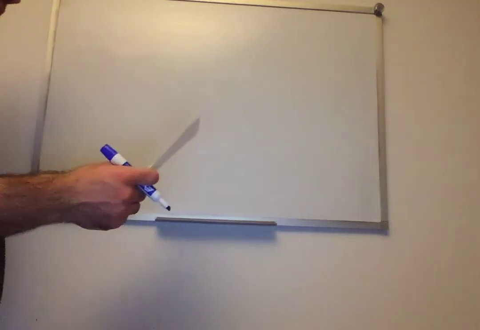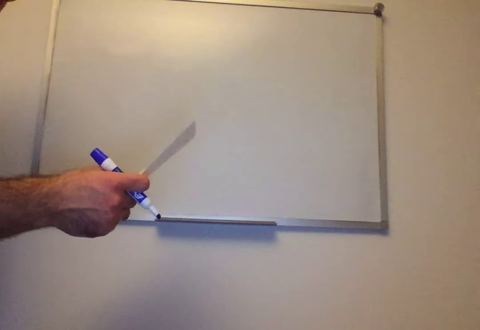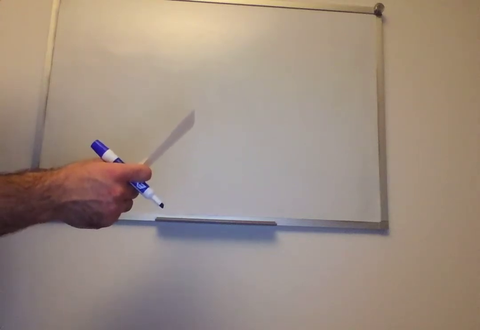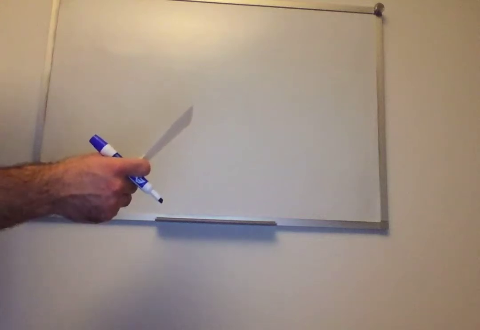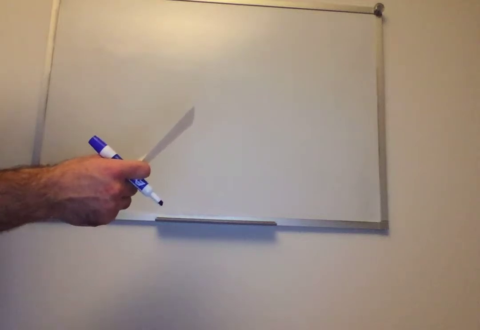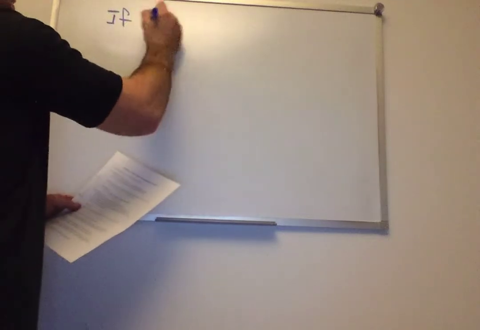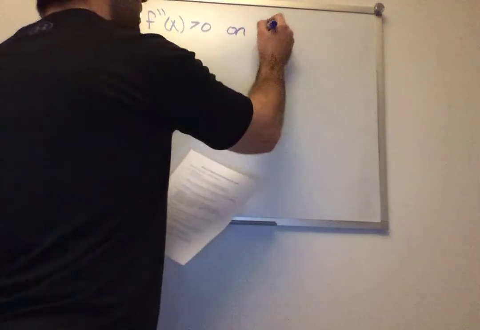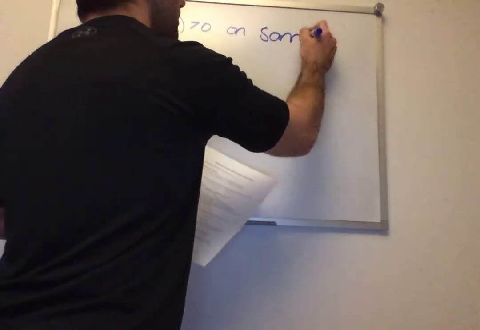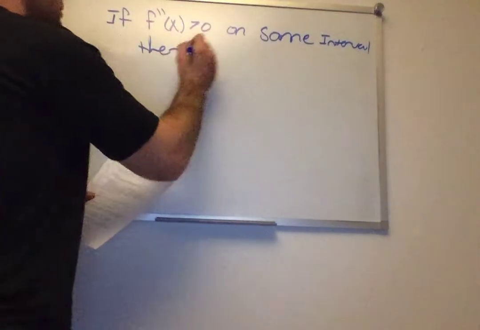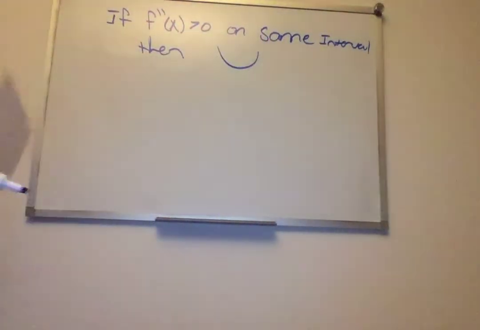Now it says if f double prime of x, so the second derivative, is greater than 0 for all x in I, then the graph of f is concave upward on I. So all that's saying is if the second derivative is greater than 0 on some interval, then it looks like that. It's concave up.